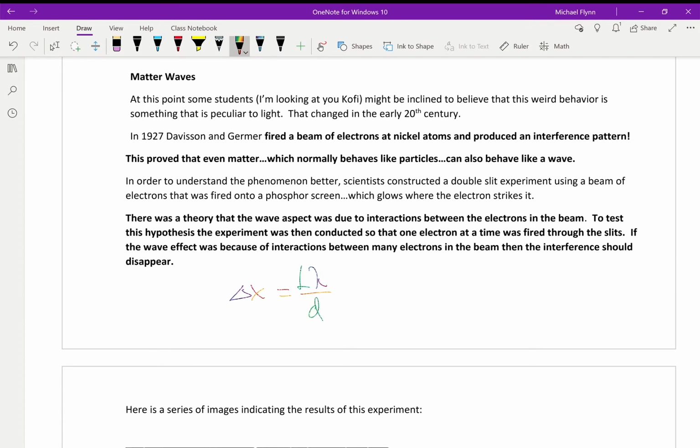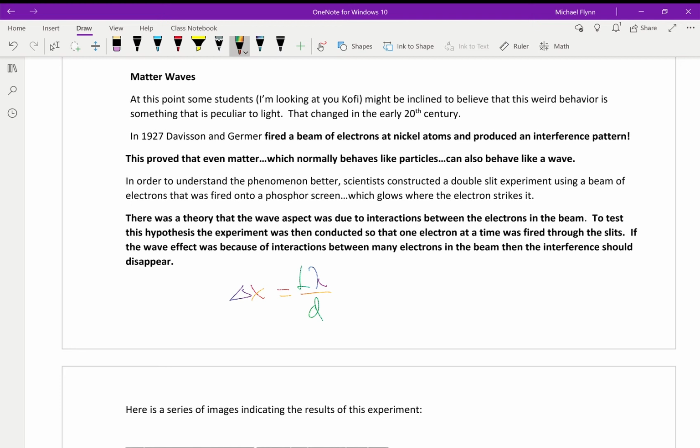Now, here's the weird thing. If matter produces interference, you can find the wavelength of an electron, because we can just do the experiment and measure delta X, L, and D and find the wavelength. So electrons have wavelength. So weird. We don't even know what's waving. And you can do it with protons. It still works, no matter what you throw through there.